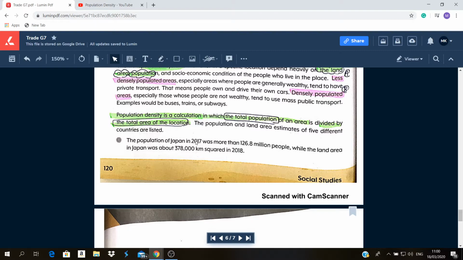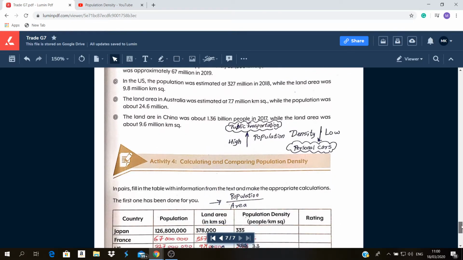We're going to bring the population and divide it by this number which is related to the area. Here is the answer. Population divided by the land area, we're going to have this result, which is population density. So it's 335.